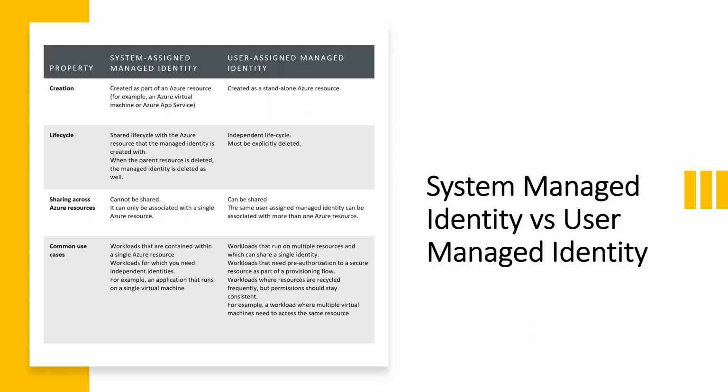So no more orphaned, unused SPN settings in your environment. For example, if you created a VM, a web app, a function, or a logic app, you created a system managed identity, and voila, it's created. As soon as you delete that resource, that SPN, that managed identity, is automatically deleted. So this helps your provisioning and deprovisioning process that we talked about earlier.